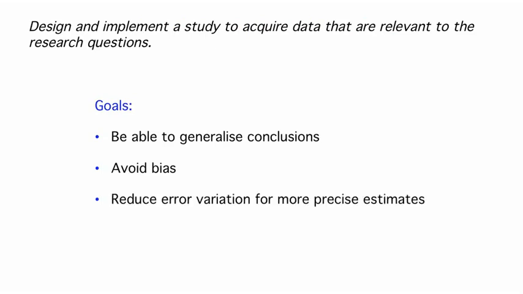It will help us reduce the non-systematic error caused by the natural variability in measurements so that we can get more precise estimates and have more power in our inferential procedures. And it will help us ensure that the sample size is appropriate so that we're not wasting any time or resources by planning a study with insufficient power to see what we want, or a much larger sample size than we actually need.